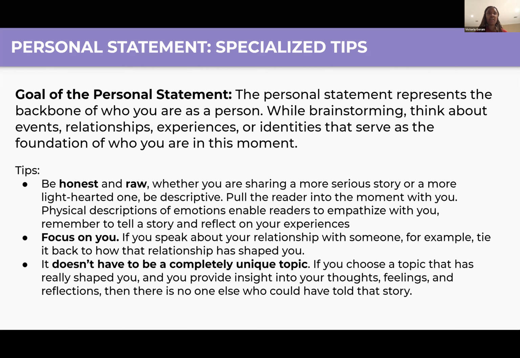Because if you're choosing a topic that has really shaped you, if you're telling your story, you're reflecting on your experiences, you're sharing your emotions, then there's not going to be anyone else who could have told that story. So if you're writing about a relationship with your grandmother, for example, and you're like, wait, a lot of my friends shared about relationships. Well, your grandmother is one person, you are one person. There's no other way that somebody else could have told that story.